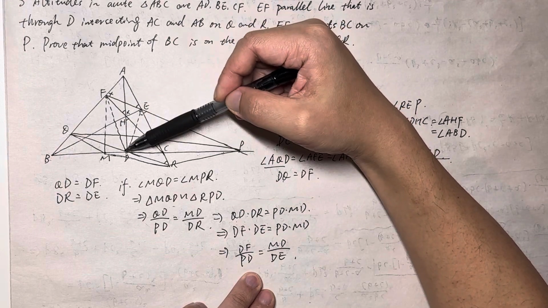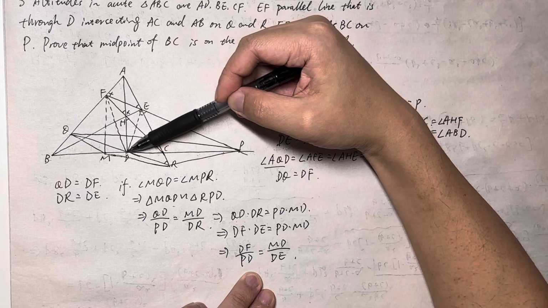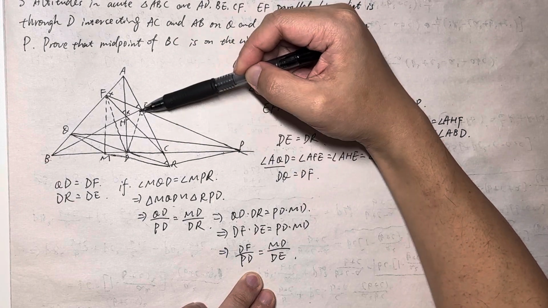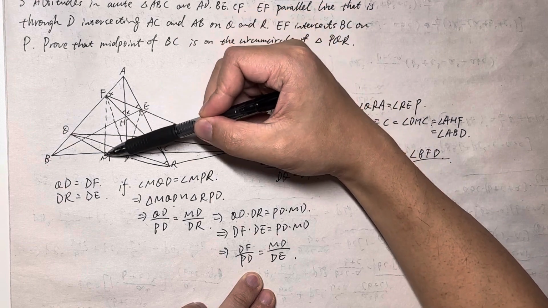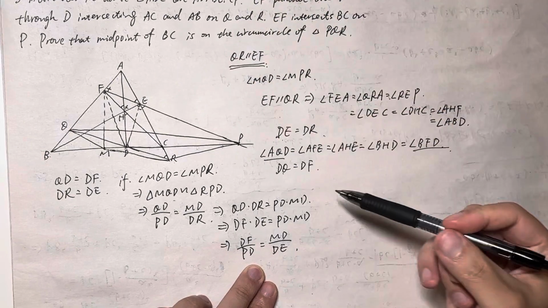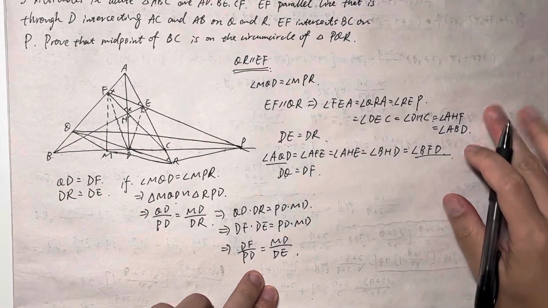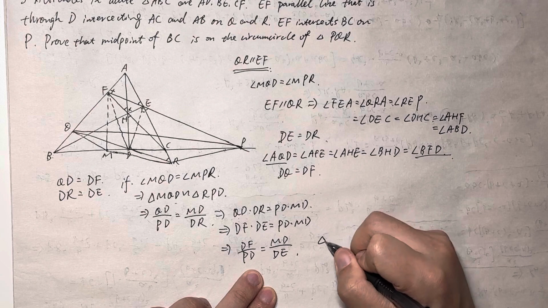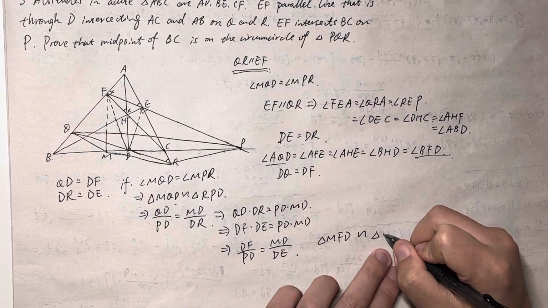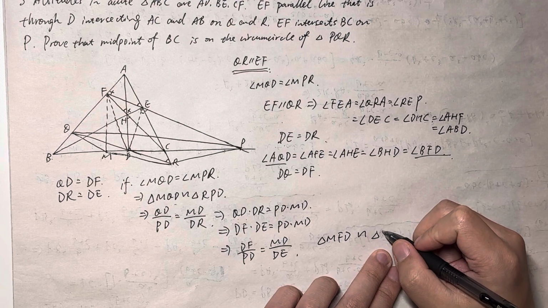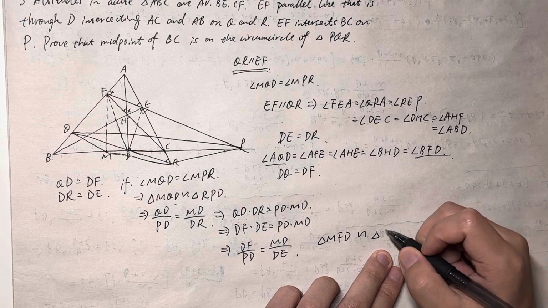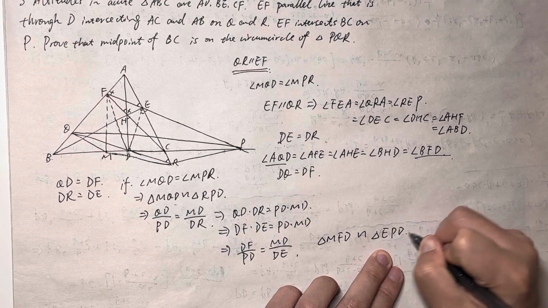DF to PD and MD to DE, which means that we just need to prove these two triangles, triangle MFD similar to triangle EPD, right?